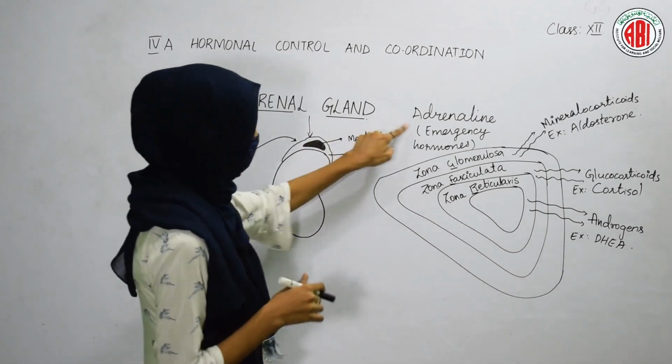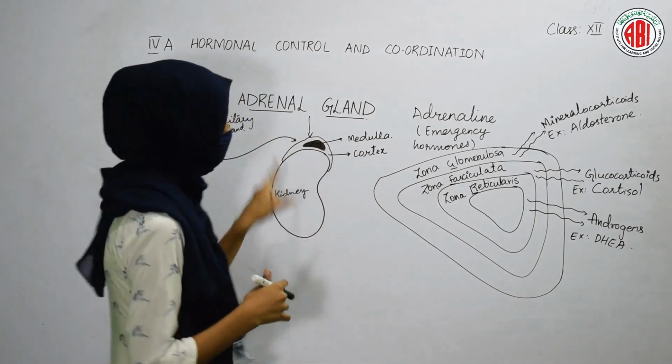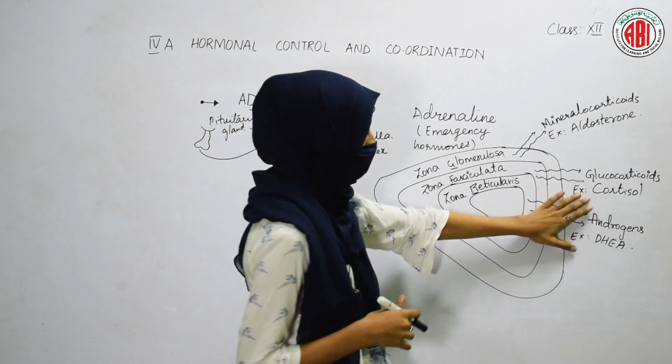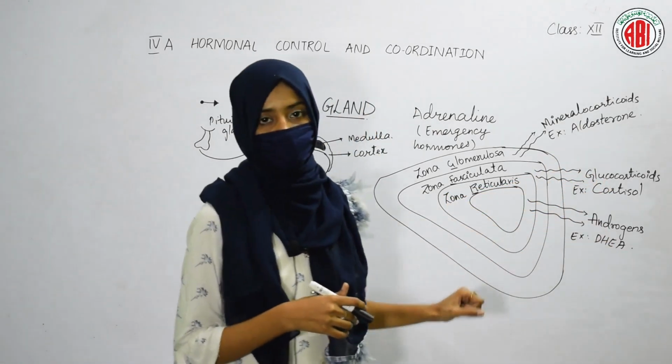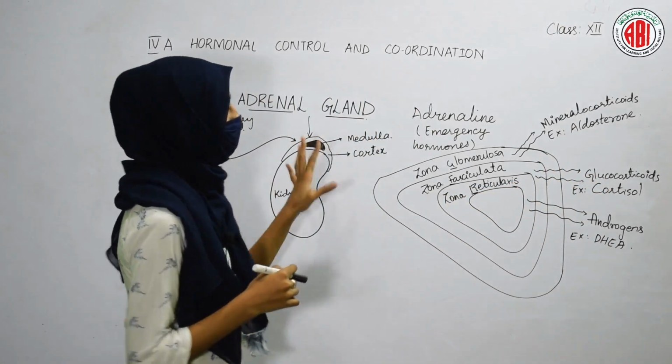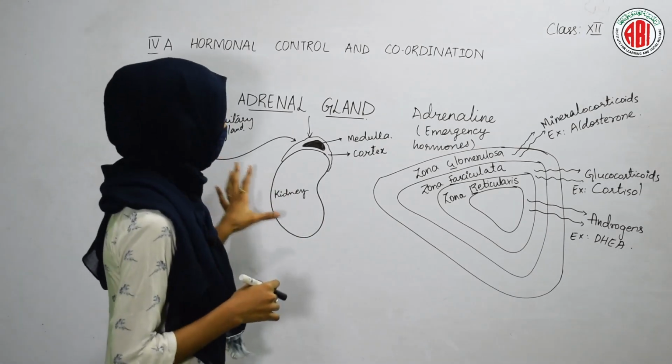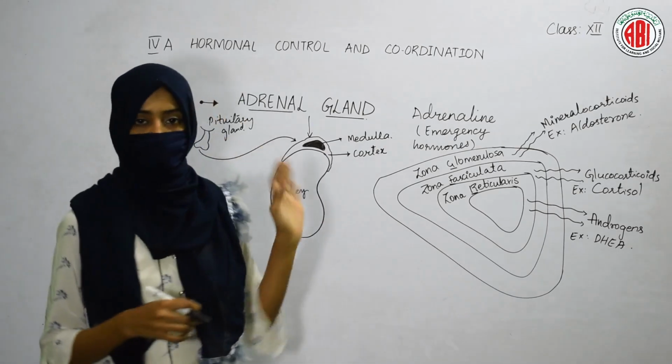We will talk about adrenaline later, but firstly we will see the action of aldosterone, cortisol and also the androgens. Okay. So, these are the different hormones that can be released by the adrenal gland of our body.